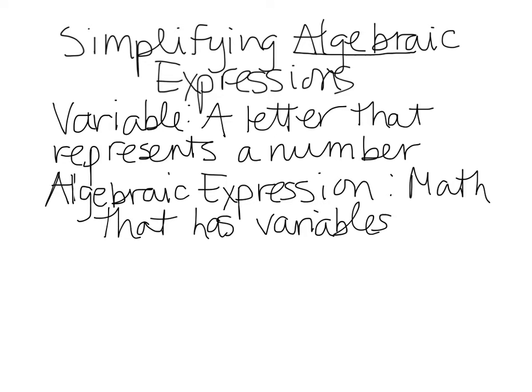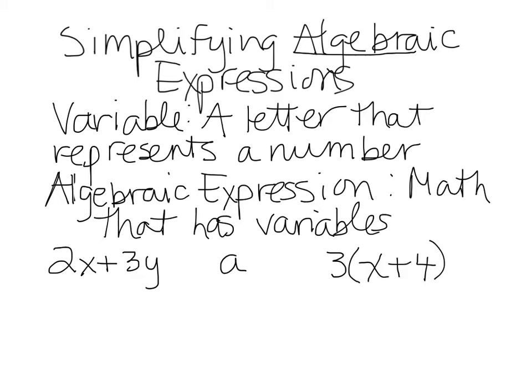For example, we've seen this already. This is 2x plus 3y. That's an algebraic expression. Actually, a plain old variable is an algebraic expression. And here's another algebraic expression. Just so you know, these two things are called the terms of the expression.